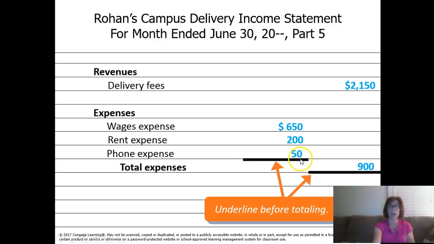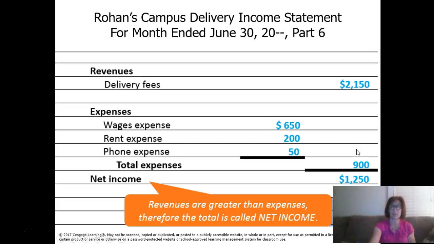Then we're going to put a line under the subtotals, and the total is going to go in the further right-hand column under our revenue. And then we're going to subtract our expenses from our revenue, and we're going to show our net income. And so in its very purest and simplest form, this is an income statement.